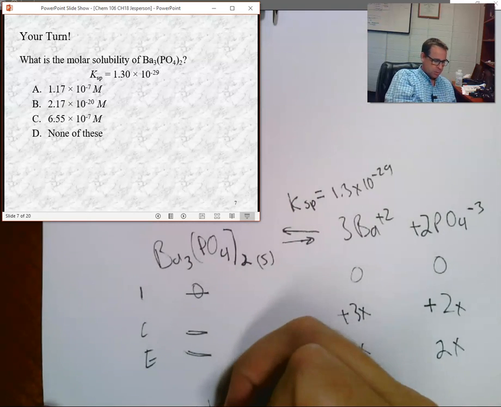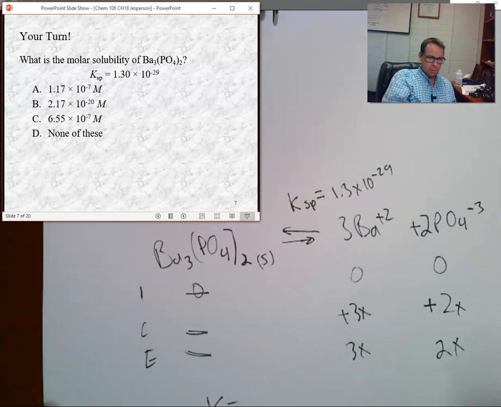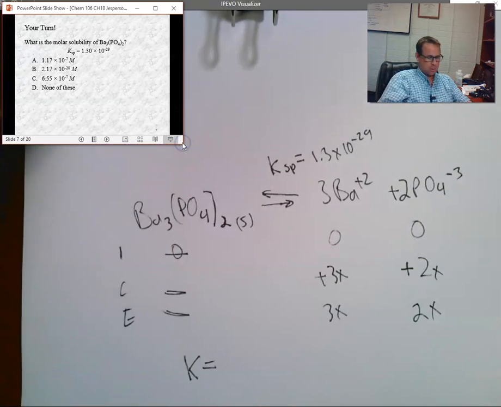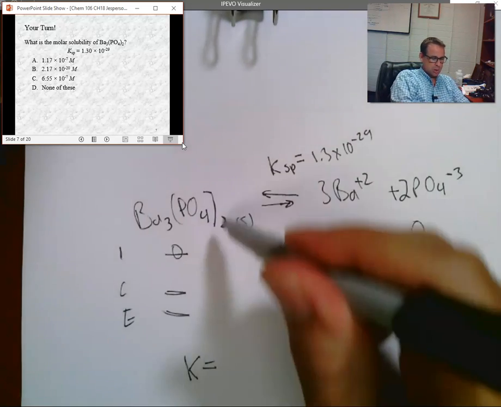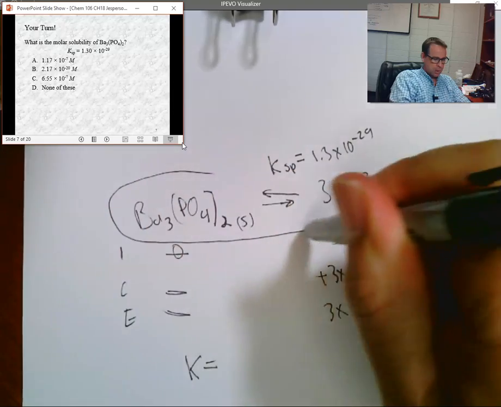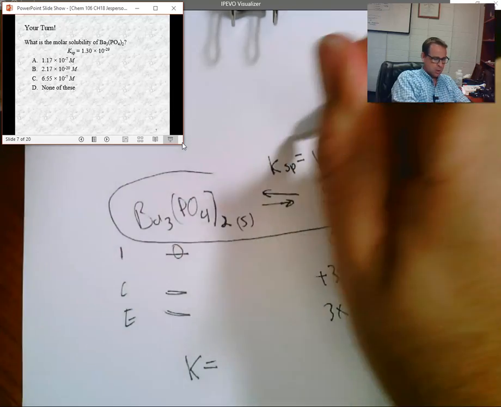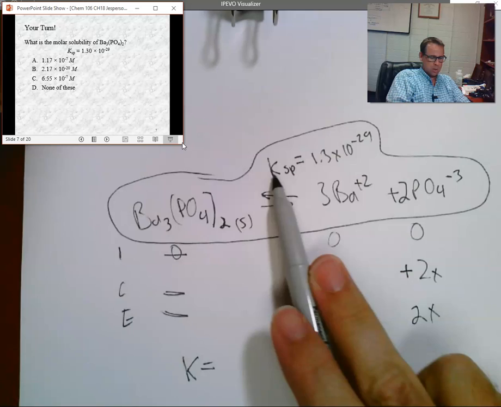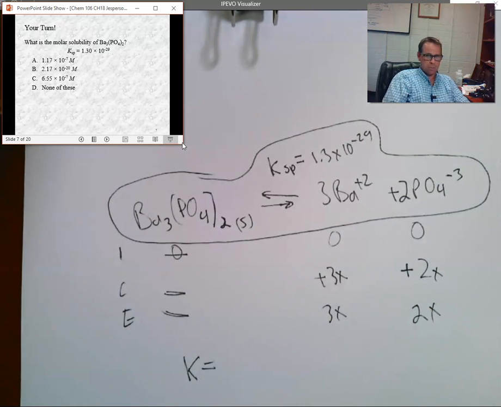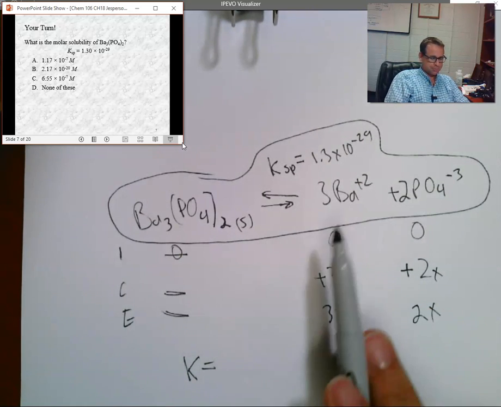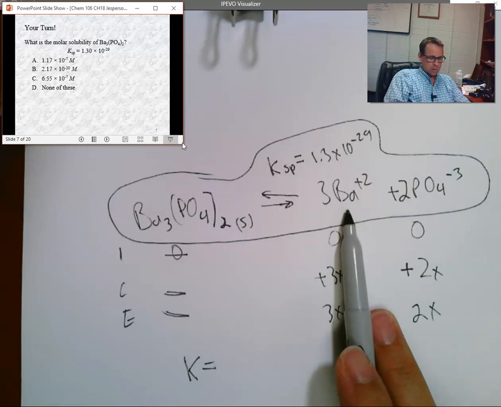What is the K equal to in terms of our equilibrium expression, in terms of our ion concentrations? Oh, I should have written that down. Well, you can just look at this reaction here, right? We want to know what the K will equal in terms of the concentrations of these products.